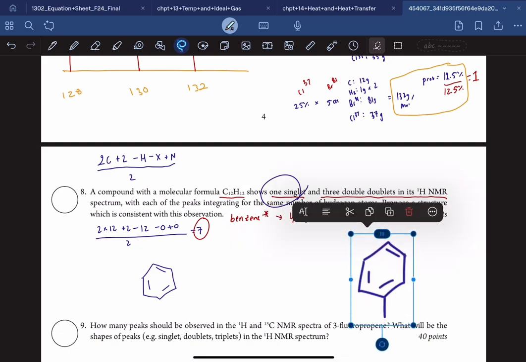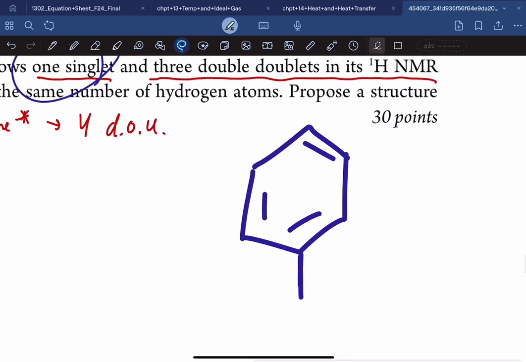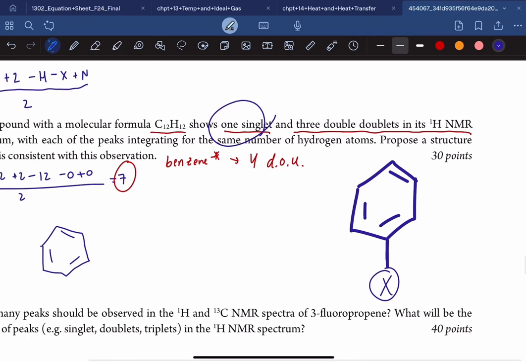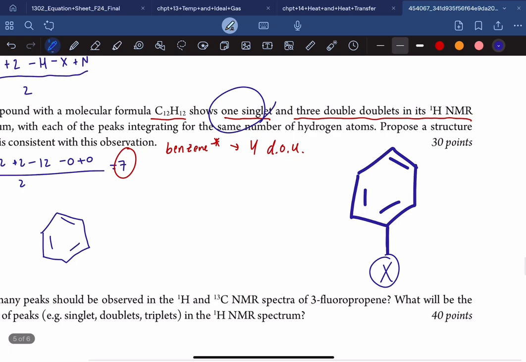Let's make it a little bigger. If we have something bonded to benzene here, there's no hydrogens here. So whatever's bonded here is a singlet, okay? And so we only have one of them, but that doesn't make sense, right? Because if we only have one singlet, then we would have way more hydrogen peaks. We would have 1, 2, 3, 4, 5, right?